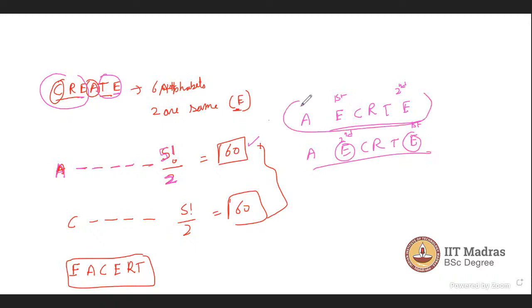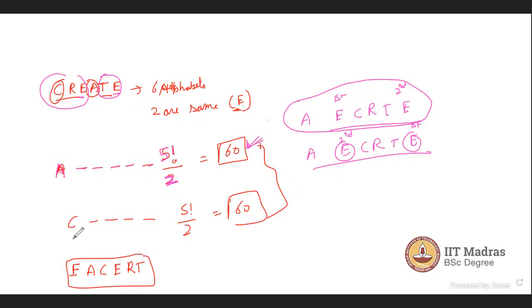Both the words are the same, so it's doubling my cases, so that's why I divide it by 2. Sir, but it wouldn't create any problem in sequencing in the dictionary. Yeah, so the total number of words is 60, right?